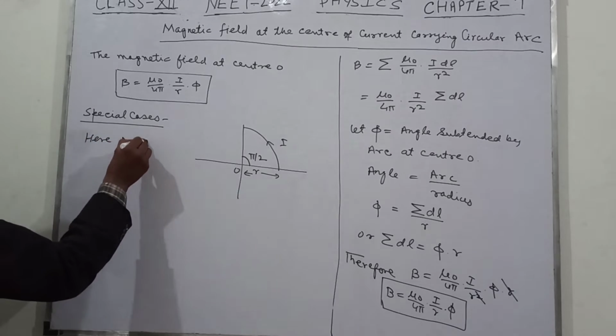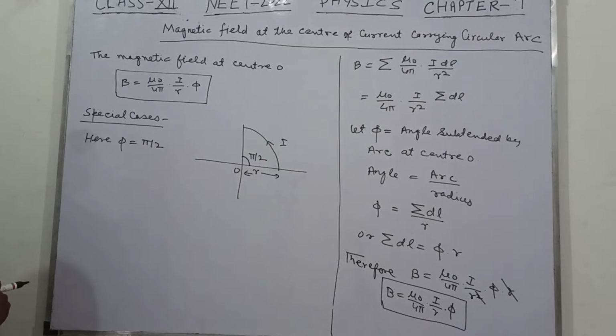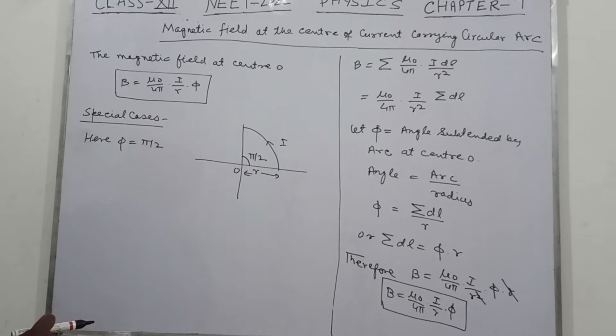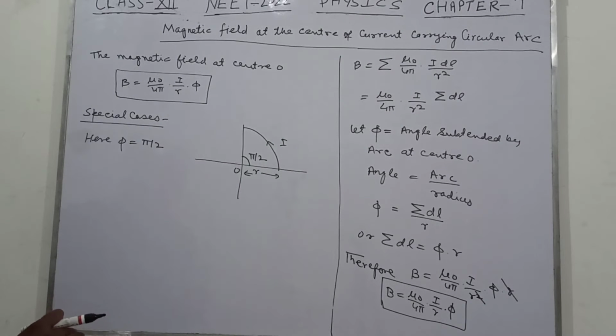Here phi equal to pi by 2. Angle equal to arc upon radius, so phi equal to summation dl upon r, summation dl equal to phi r.